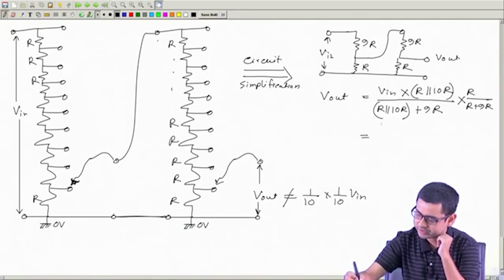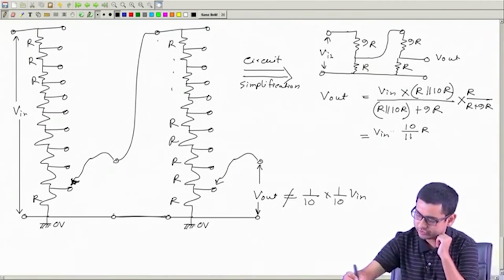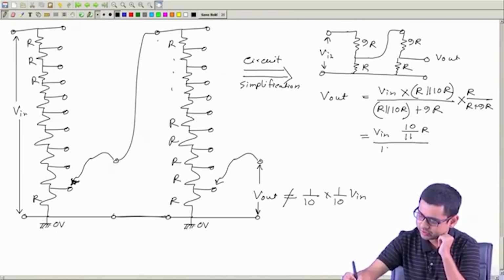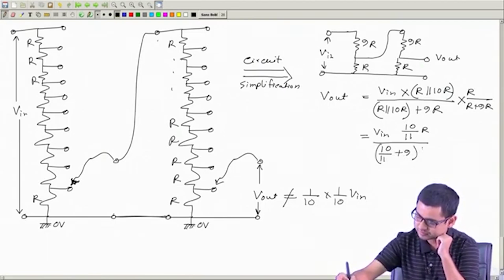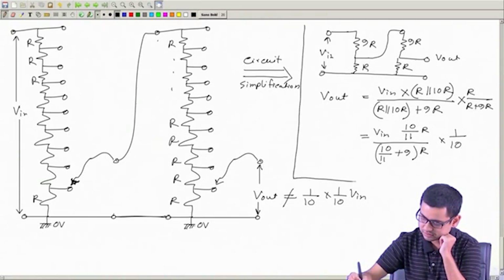So, then this becomes V in. Now, R parallel 10R, this is same as 10 by 11 R. So, that will be 10 by 11. Below we will have also 10 by 11 plus 9. And this is 1 over 10. Okay.